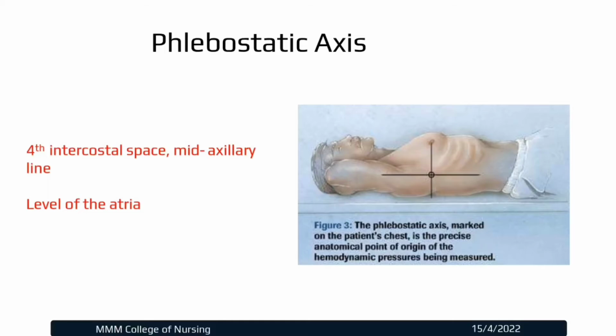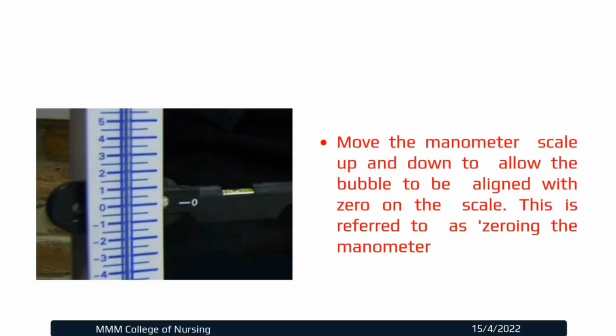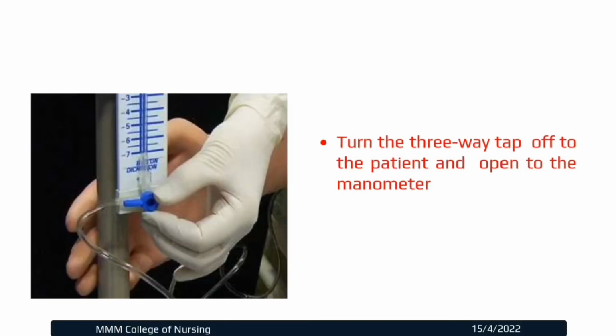Now move the manometer scale up and down to allow the bubble to be aligned with the zero on the scale. This is referred to as zeroing the manometer. Next, turn the three-way tap off to the patient and open to the manometer.